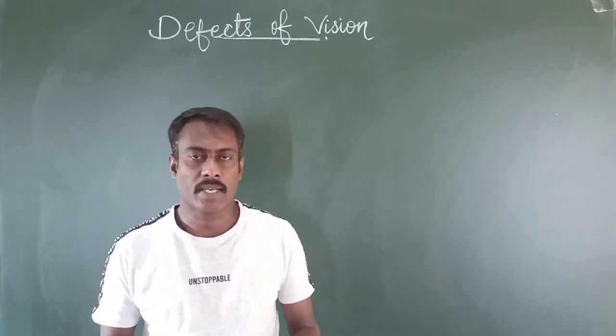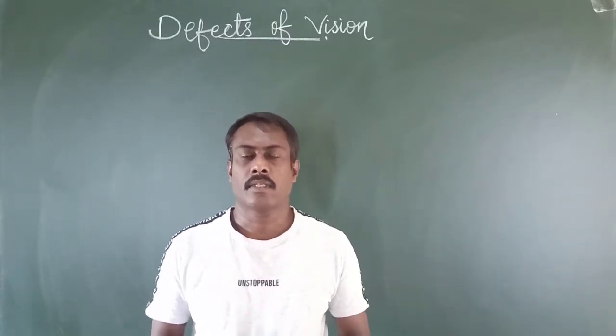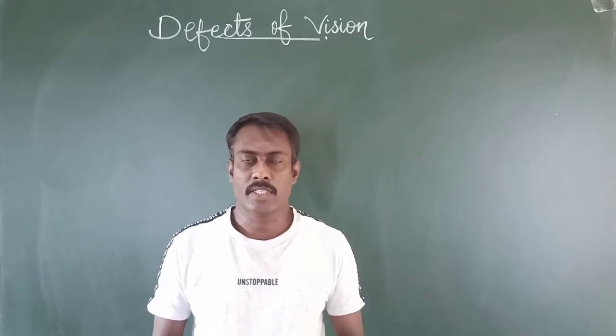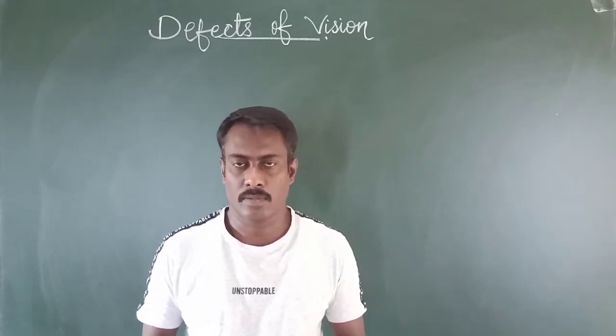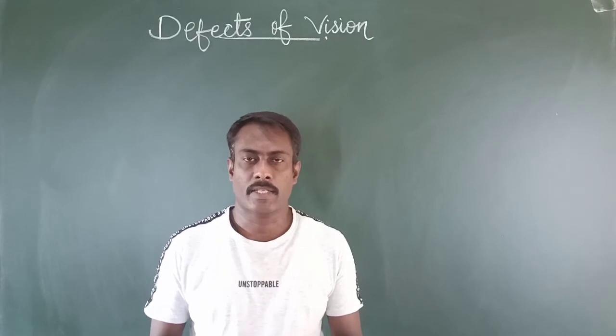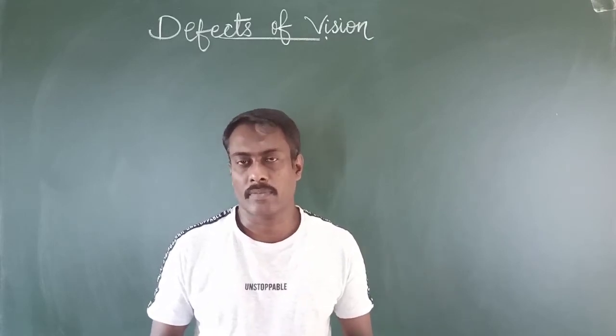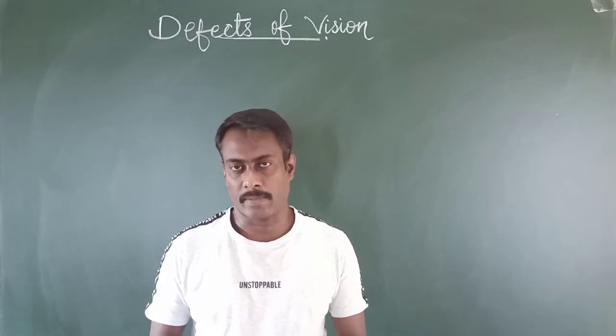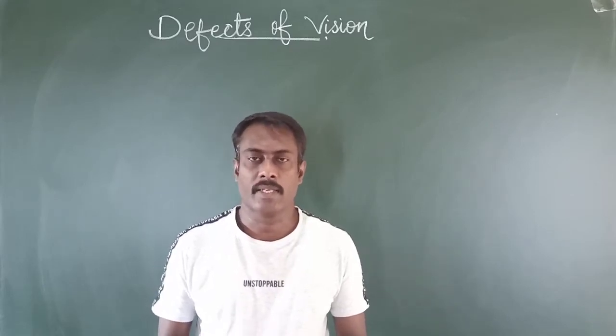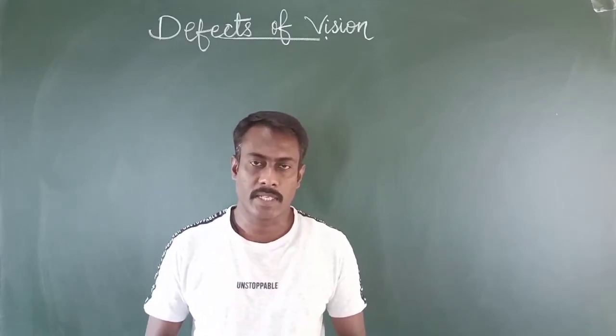When the muscles are relaxed, the curvature of the eye lens is small and the eye lens becomes thin. So the focal length of the eye will be high, so that the eye can see distant objects clearly.